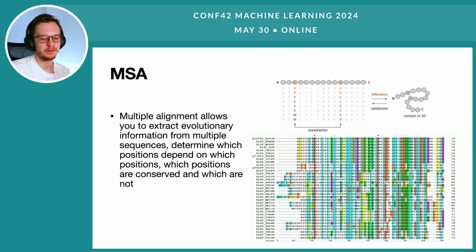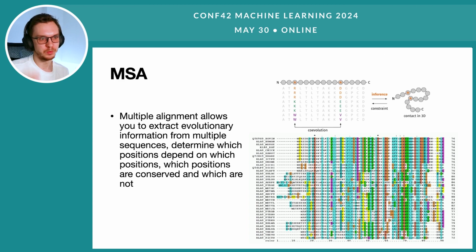If there are some changes to the protein sequence in some position, maybe there would be a change in another position, which can be far away in the sequence, but it is actually close in 3D space. So if say one position changes its charge, the other position has to change charge as well to preserve the structure.